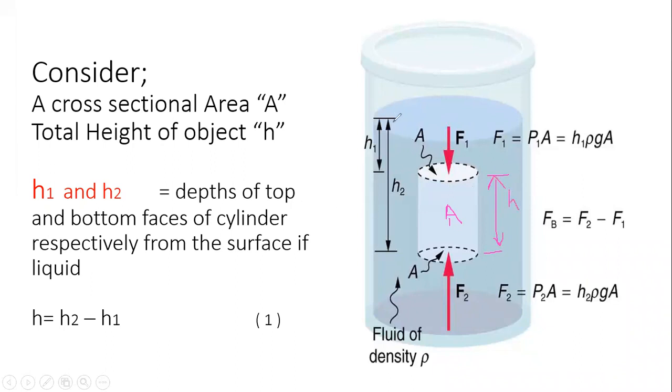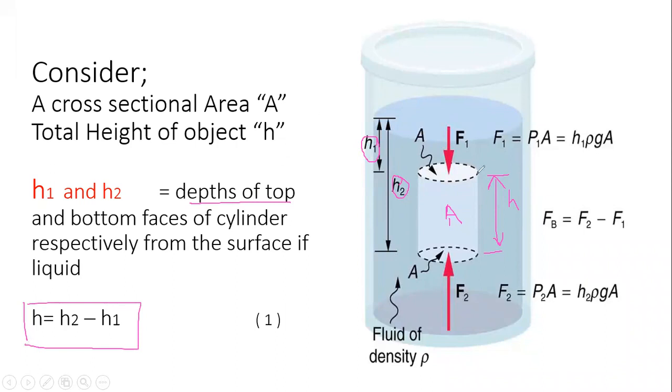Now the distance from the top surface to the bottom of the object is h2, and the top of the water surface to the top of the body is h1. So h1 and h2 are the depths of the top and the bottom faces of the cylinder respectively from the surface of the liquid. So how to find h? h will be h2 minus h1. This is the relation. First we have to find h, which is h equals h2 minus h1.